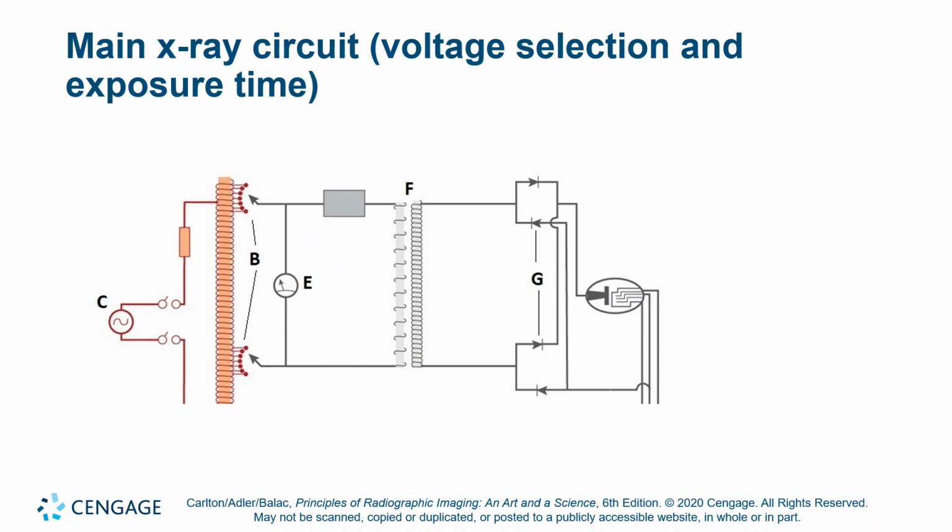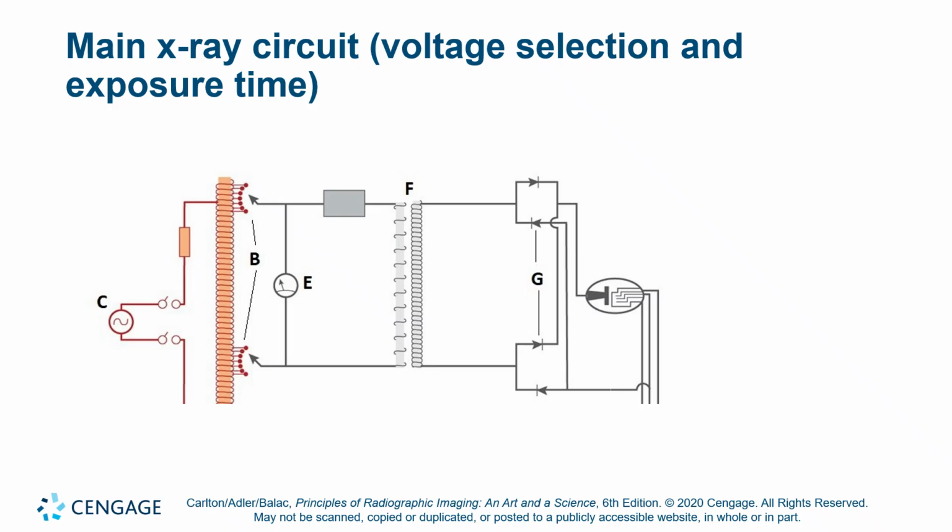But it's also wired in parallel to our high voltage transformer. So if we just adjust the scale on the meter, it can tell us the kilovoltage output at the high voltage transformer because it's wired in parallel to it. It's also wired in parallel to the X-ray tube. Now the X-ray tube in this diagram is turned sideways. I don't know why they did that.